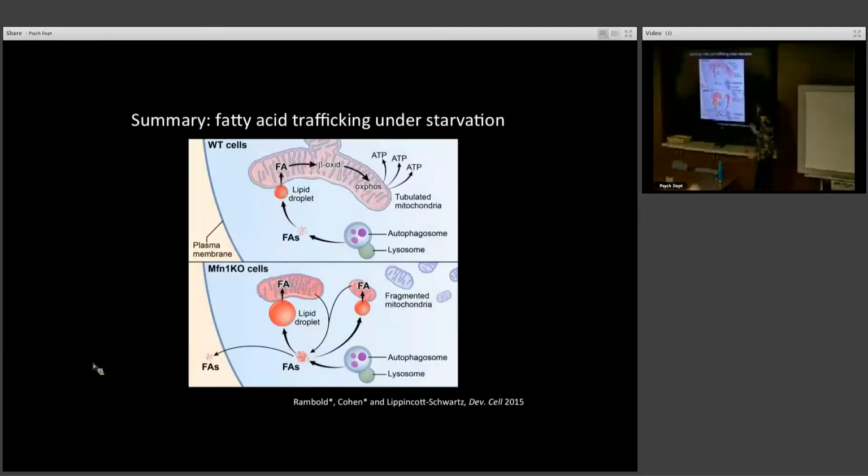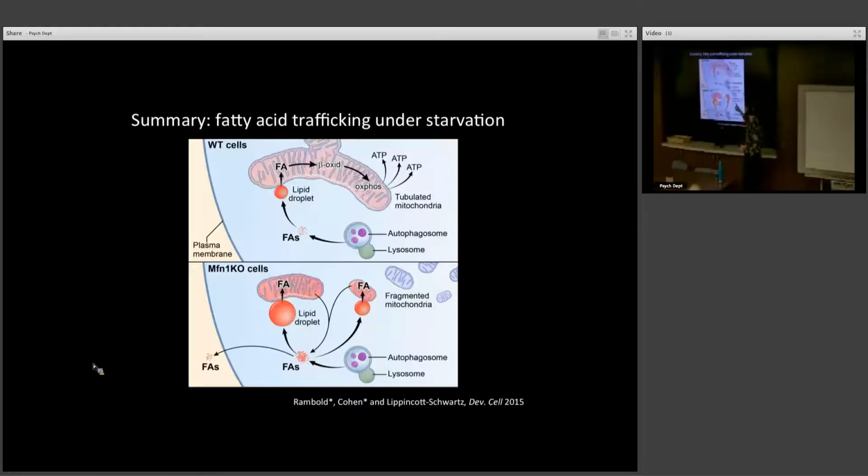Okay, so to summarize this part of the talk, in wild-type cells, in response to starvation, what we see is that cytoplasmic lipases acting on lipid droplets release fatty acids for transfer to mitochondria. Meanwhile, autophagy of membranes is releasing fatty acids to refill the lipid droplets. And the mitochondria are fusing, which distributes fatty acids evenly throughout the mitochondrial network and allows for efficient metabolism of the fatty acids.